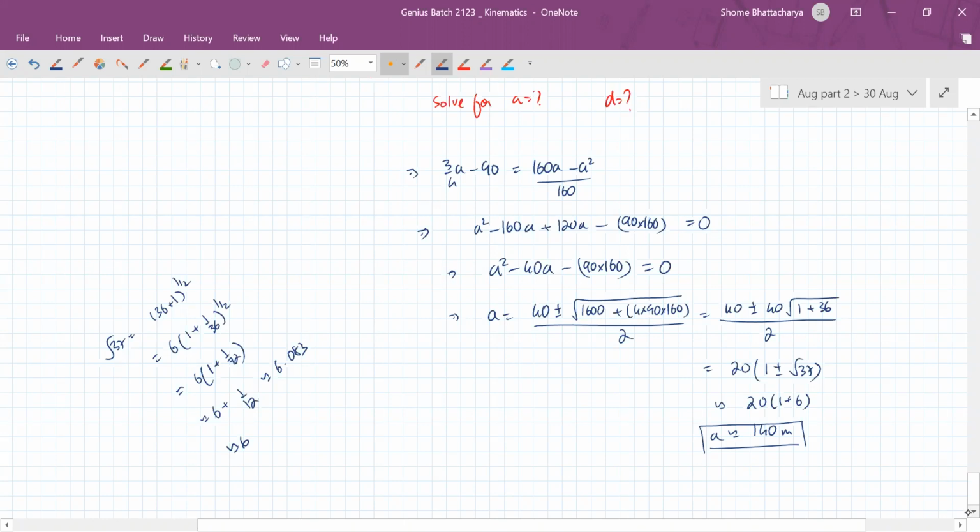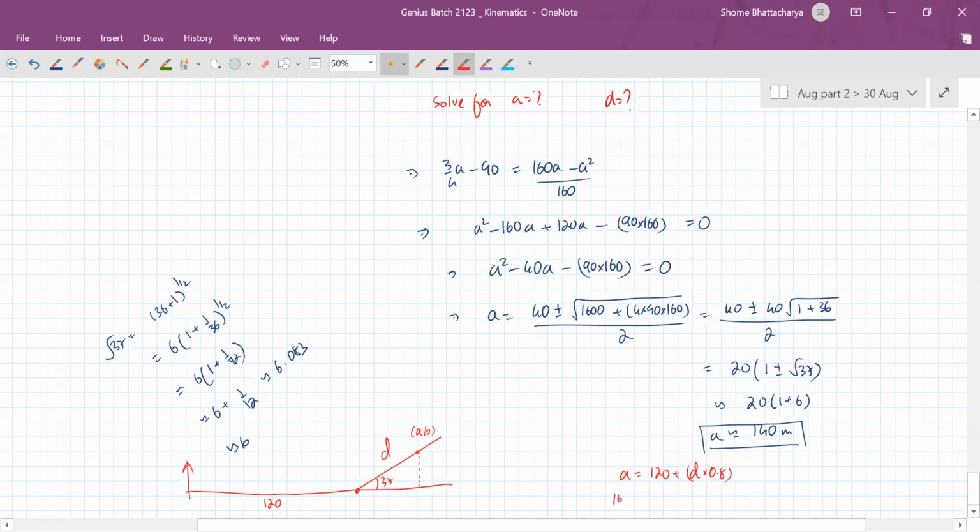Okay, so once you got A, now you can solve for D very easily, because above I had written a relation between A and D. Suppose that relation, this is D. Okay, so A was equal to 120 plus D cos 37.